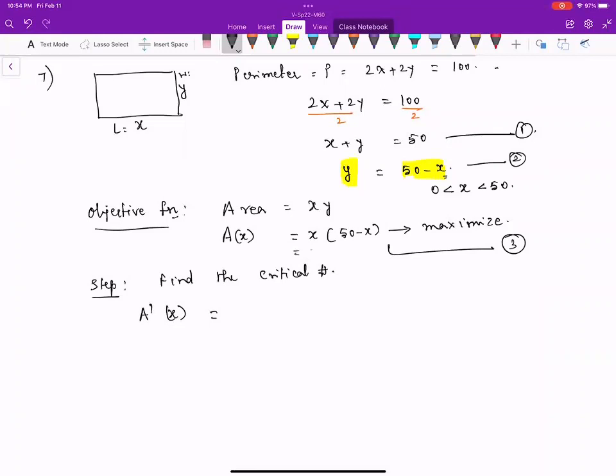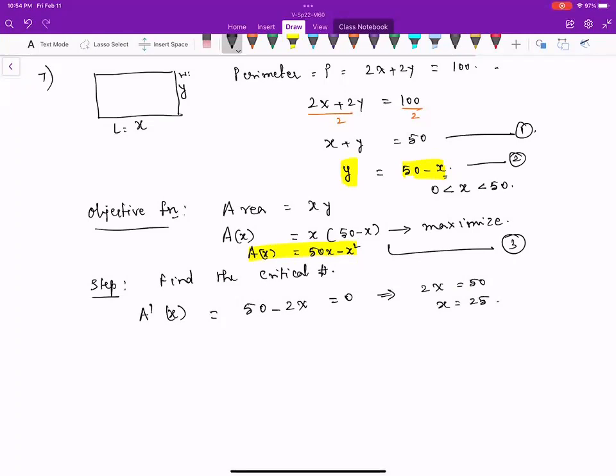A of x, if you distribute the x, becomes 50x minus x squared. Now you are taking the derivative of that, which is 50 minus 2x. We'll set that to 0. So 2x equal to 50, or x equal to 25. So x is the length in this case, so x equal to 25.